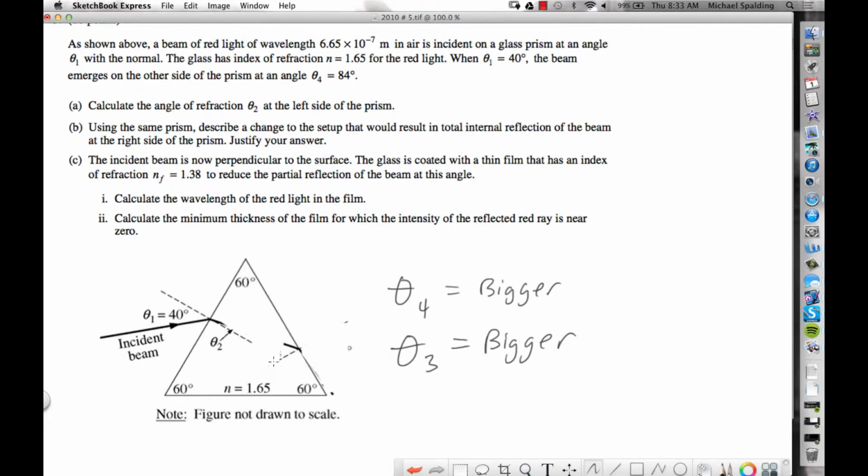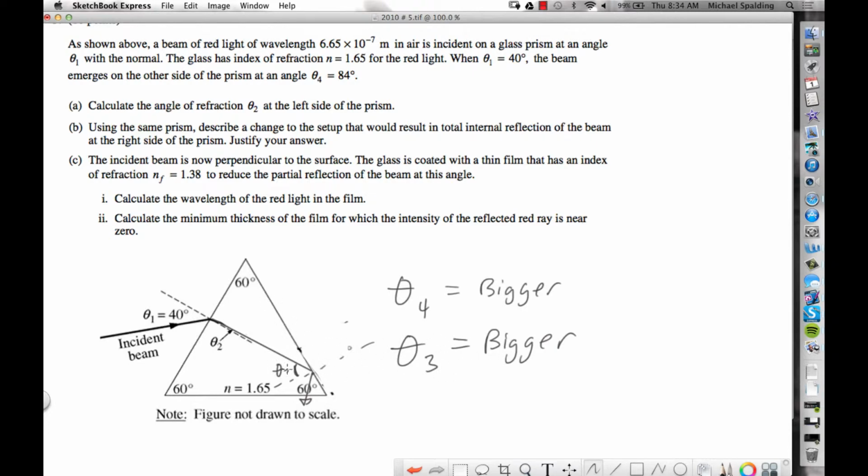To get theta 4 to be bigger, it would have to go boom and hit down here somewhere like that. Here's the normal line, and if this angle here got bigger, can you guys visualize this? Then theta 4 got bigger to the point where the refraction could be gone, and then there's only reflection. Okay, so theta 3 had to get bigger.